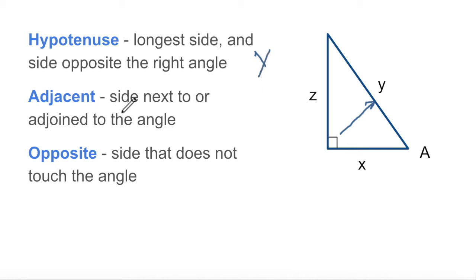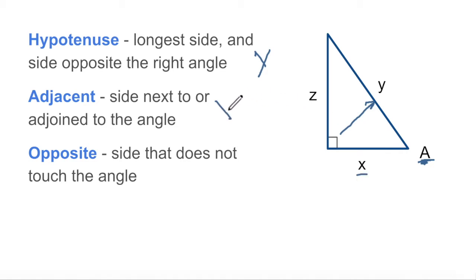Adjacent means next to or adjoining. Now, next to angle A, there's actually two sides. Side y, but we've already labeled that as the hypotenuse, right? So side y and side x. Since side y is the hypotenuse, what side is adjacent to angle A that's not the hypotenuse? Side x.